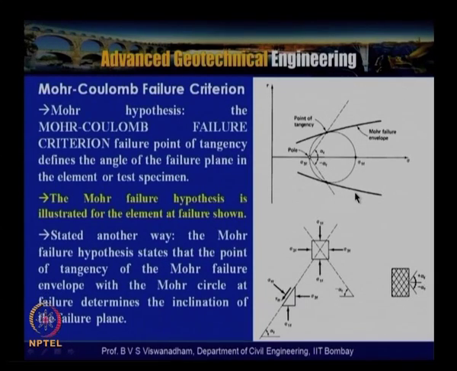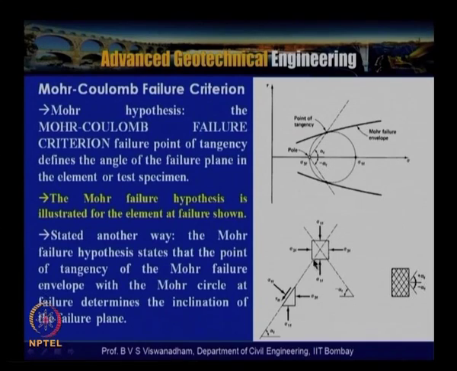So the Mohr-Coulomb failure criterion, the point of tangency, defines the angle of the failure plane in the element or the test specimen. Here this is the major principal stress, and this is the pole, and from here you draw a line to where the Mohr failure envelope is in contact with the Mohr circle, and this inclination indicates the angle of the failure plane in the element of the specimen.